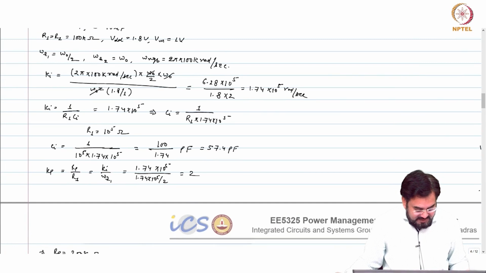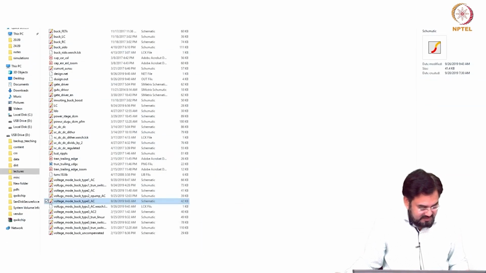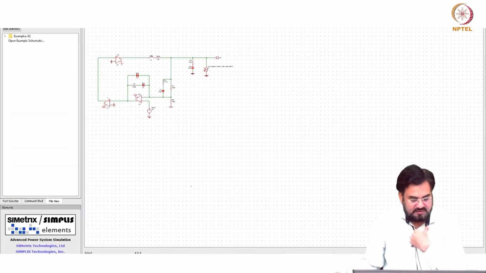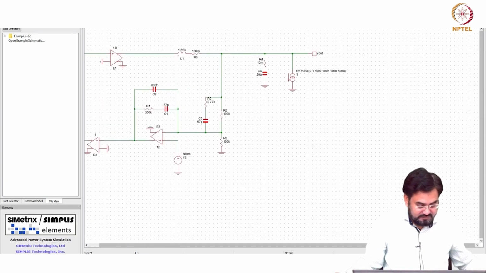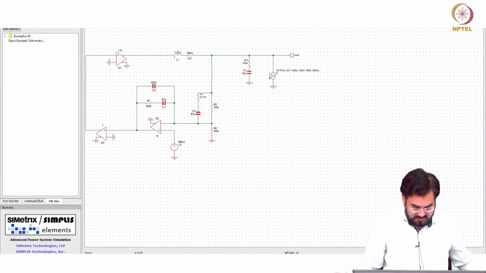So let us see the same thing with switching. Okay. So what I did, I closed the loop. It's 57.4, anyway 57.4 and 57 is same. Let me remove these two.